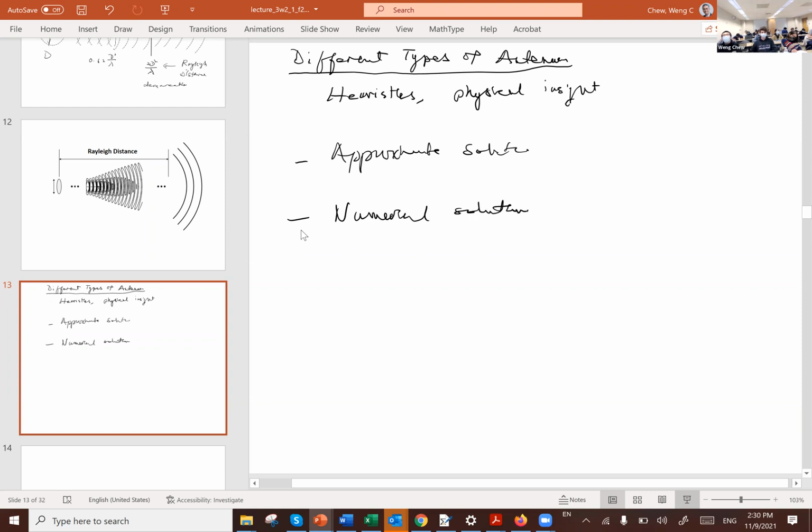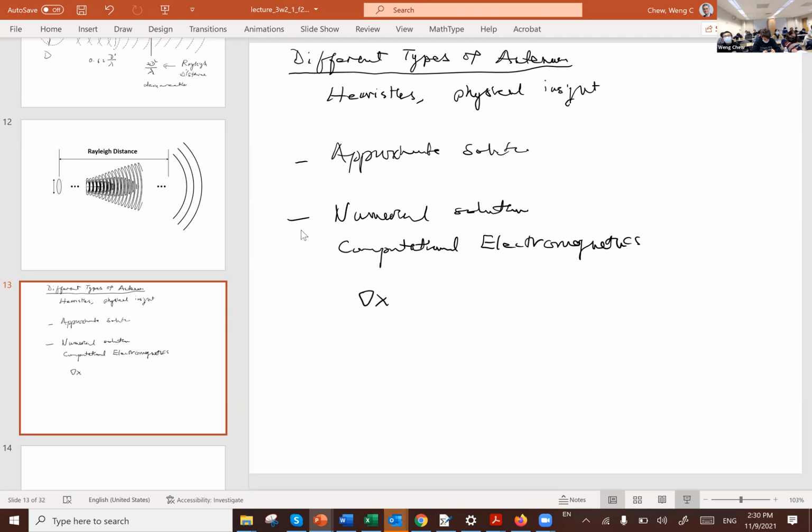So computers are very powerful now. If you give Maxwell's equations to a computational scientist, they can solve the equations for you, and that field is called computational electromagnetics.